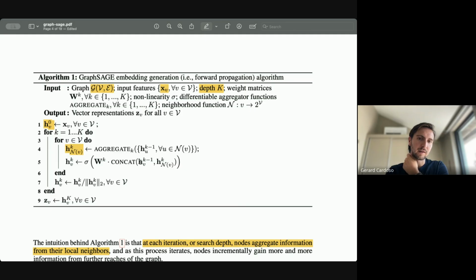Then you concatenate it with the previous iteration of the node embedding, apply a nonlinearity with some weights, and then it gets normalized. So let's say K is 2: you do 2 hops where you aggregate the second level neighbors, and then you aggregate again, and in each step you have some weight and nonlinearity applied, and the result gets normalized at each iteration as well.